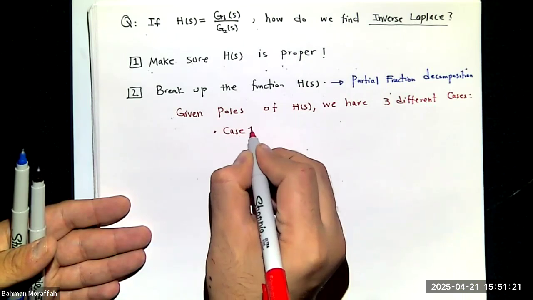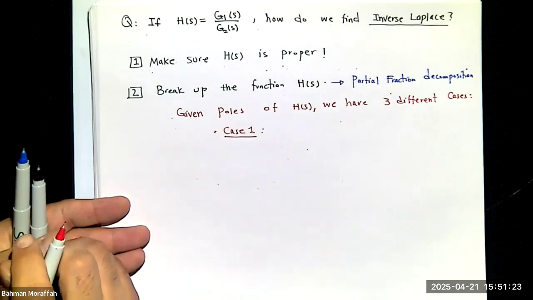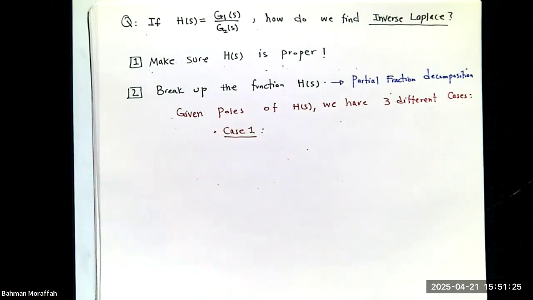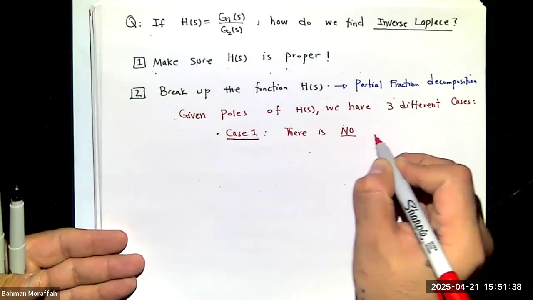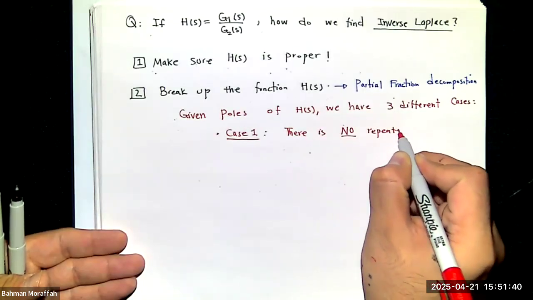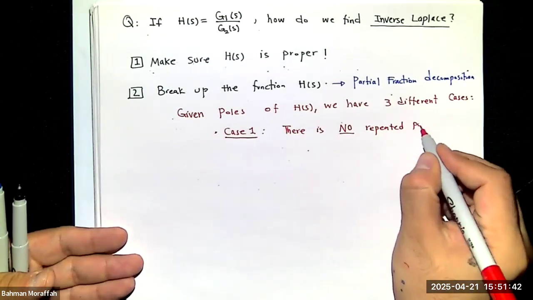Case 1, when we're looking at the poles, there is no repeated pole. All the poles are distinct. All the poles are different.